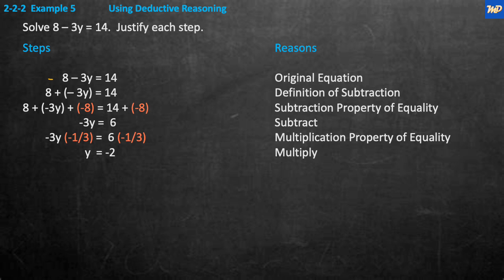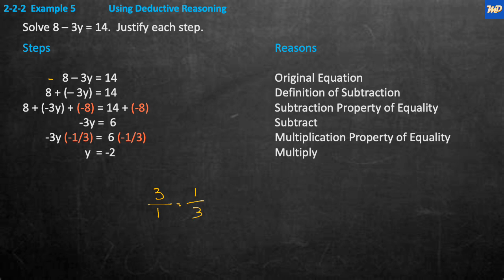In order to get rid of the negative 3, because we want a positive 1 with that y, we're going to multiply both sides by the inverse of negative 3, which is negative 1 over 3. The inverse of 3 is 1 over 3, and the inverse of 1/3 is 3. It's just flip it over, because 3 is really 3 over 1, is it not? And the inverse is equal to 1 over 3.